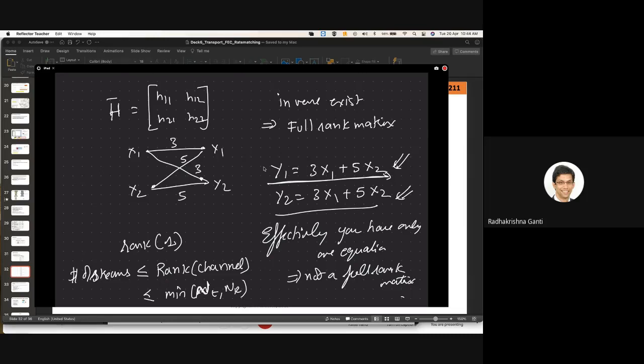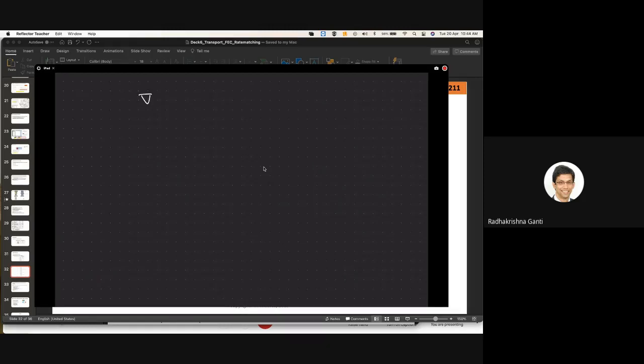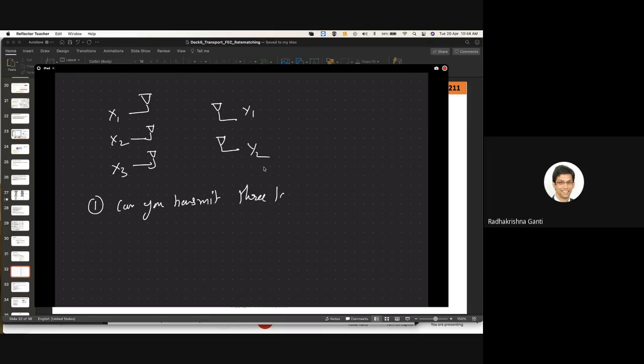Okay. Let me ask you one more question. Suppose you have something like this. You have 2 antennas at the receiver and 3 antennas at the transmitter. The first question is, can you transmit 3 layers?